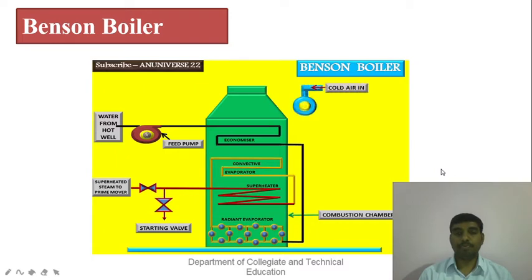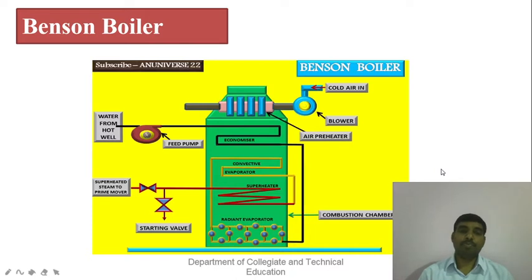Next, this is the blower that is used for supplying air from the atmosphere to the boiler, and this is the air preheater. The main function of the air preheater is to preheat the air with the help of the flue gases before it enters the combustion chamber.